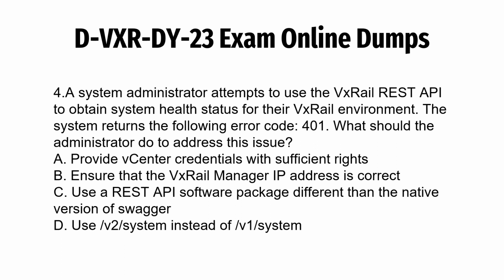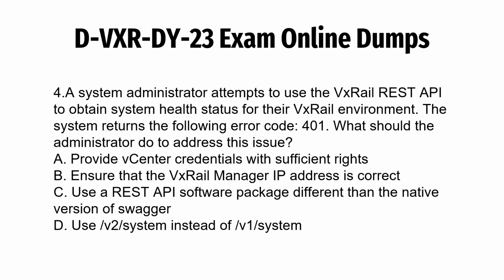4. A system administrator attempts to use the VxRail REST API to obtain system health status for their VxRail environment. The system returns the following error code 401. What should the administrator do to address this issue? A. Provide vCenter credentials with sufficient rights.